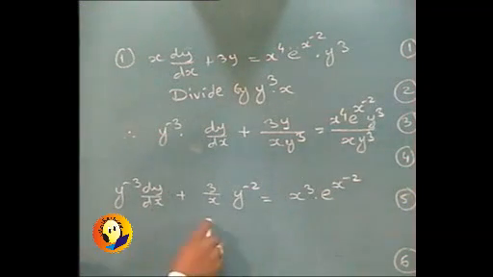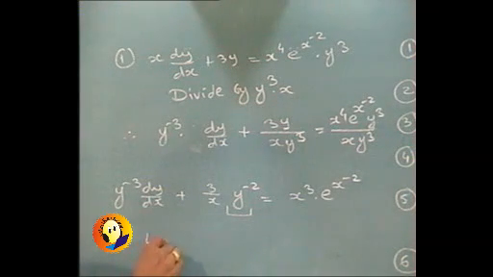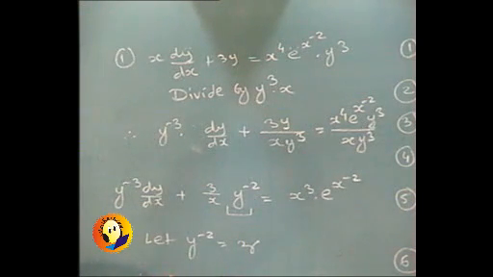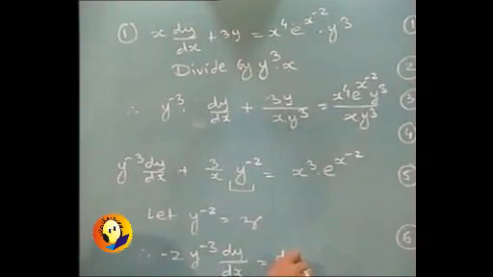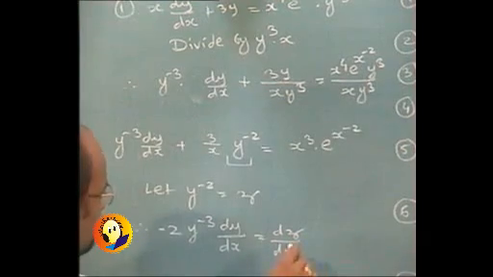Substitution, we were aware of the fact that this should be something like z, so we will say let y raised to minus 2 is equal to z, therefore minus 2 y raised to minus 3 dy by dx will turn out to be dz by dx.